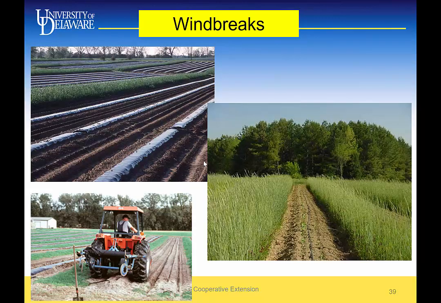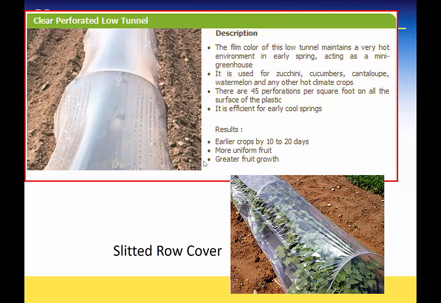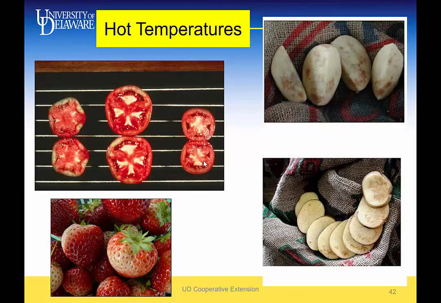Almost all of our early watermelons are grown with windbreaks. A lot of our vegetable growers are doing this with any early vegetables that will benefit, because it cuts down on the wind. It also decreases cold damage. We can also use tunnels and row covers for that.